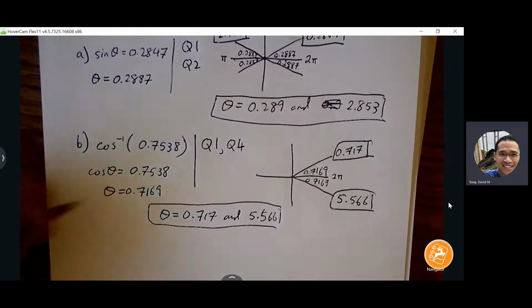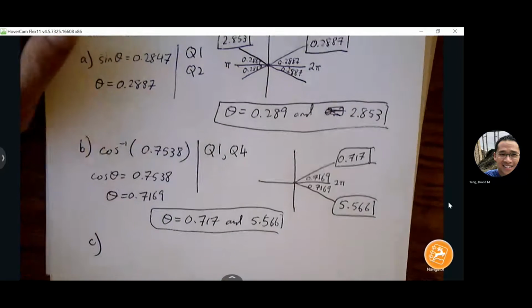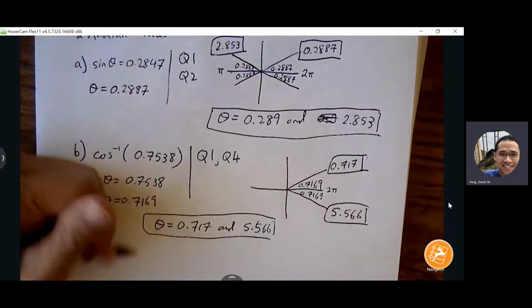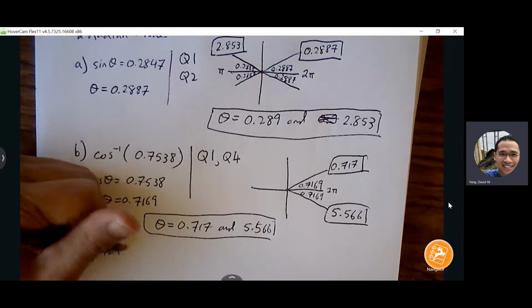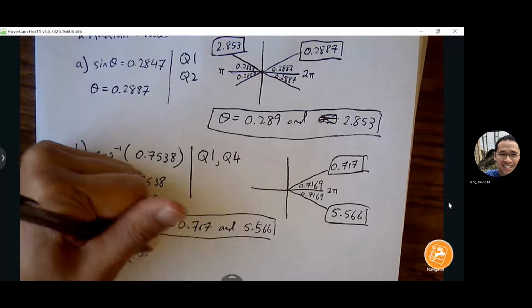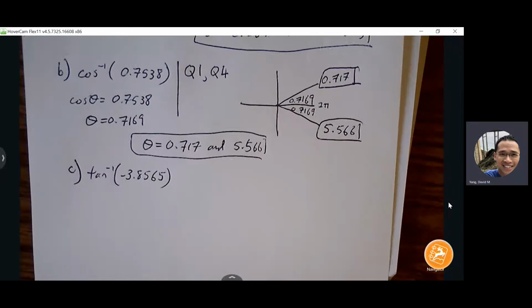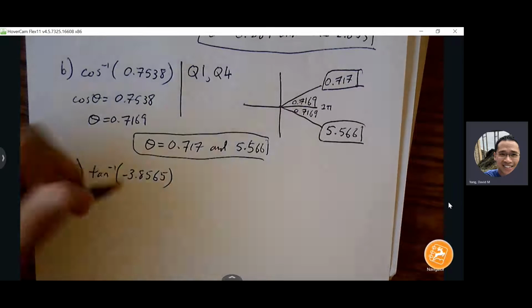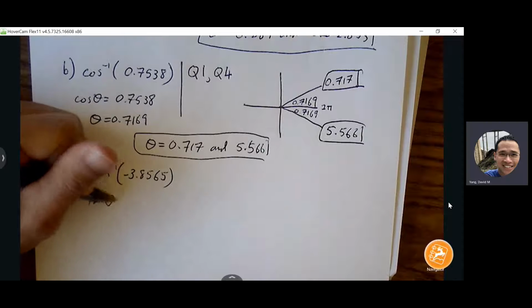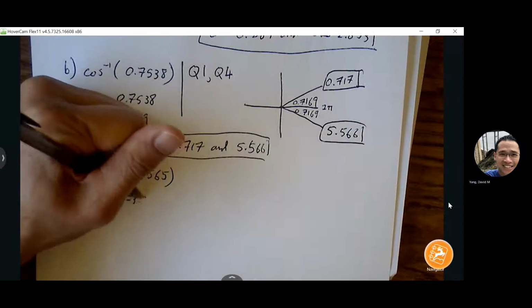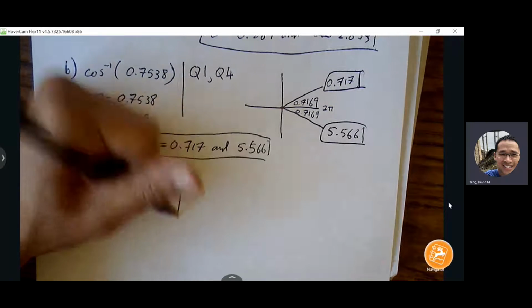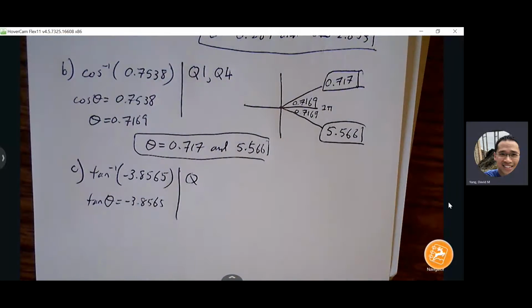Okay, part C. Inverse tangent. All right, where's tangent going to be negative? 2 and 4.